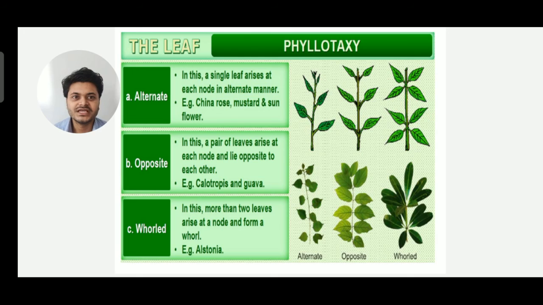Next, for opposite, a pair of leaves arises at each node and lies opposite to each other. Example, Calotropis and guava. Third is whorled. In this, more than two leaves arise at a node and form a whorl. Example, Alstonia. So you can see opposite phyllotaxy, alternate phyllotaxy, and whorled phyllotaxy of leaves are given.